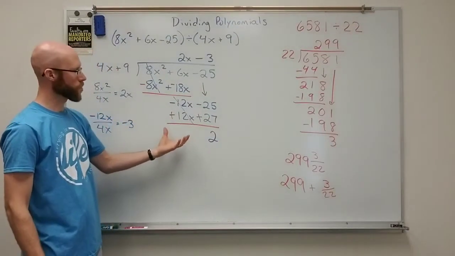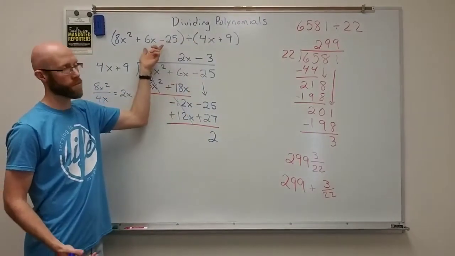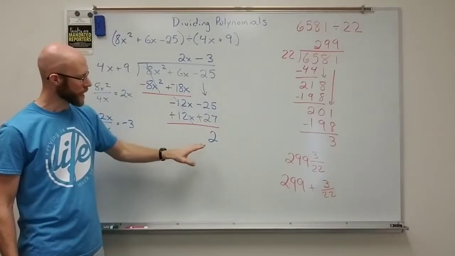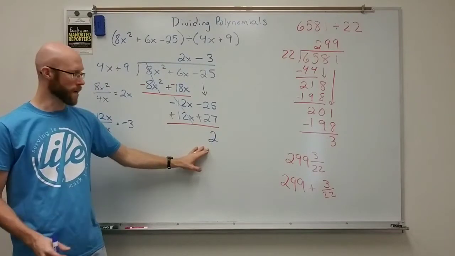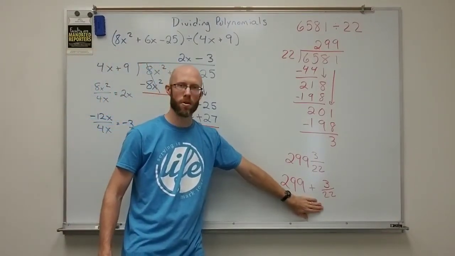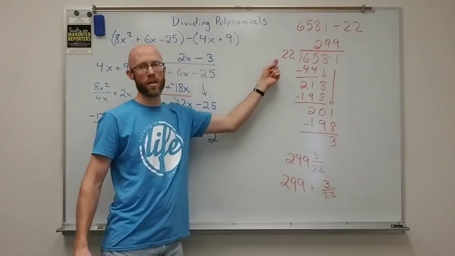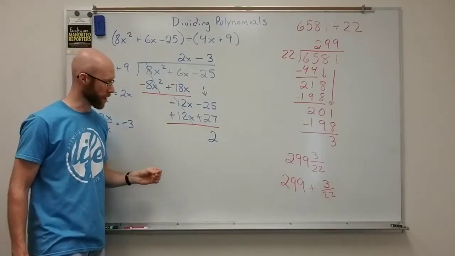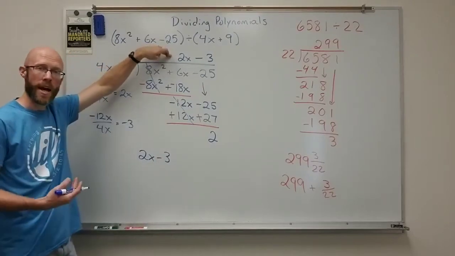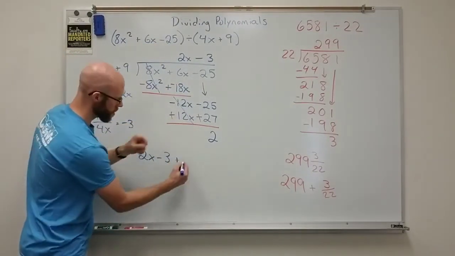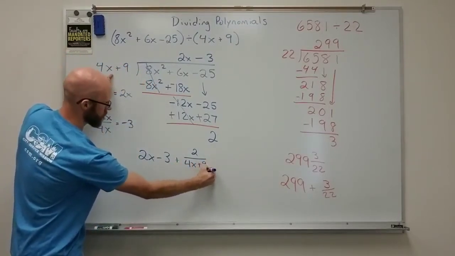And so now I have the situation where my remainder is not 0, so I don't have a perfect factor of the original dividend. Instead, I want to write my answer in sort of a mixed polynomial idea. Here we had the mixed fraction idea with a number. We take the quotient and add to that the remainder over the divisor. Here we're going to do the same thing. We're going to take the quotient, 2x minus 3, and add to that the remainder over the original divisor.